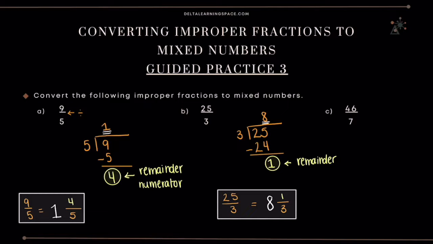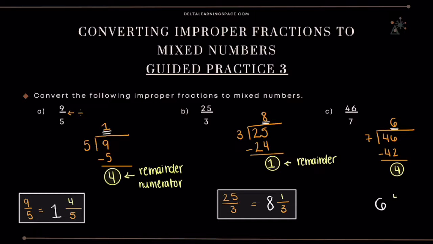Our last problem C, 46/7. 46 is our numerator and will go on the inside of our division. 7 can go into 46 6 times. 6 times 7 is 42. And then 46 minus 42 will be 4, and that will be our remainder. 6 will be our whole number.